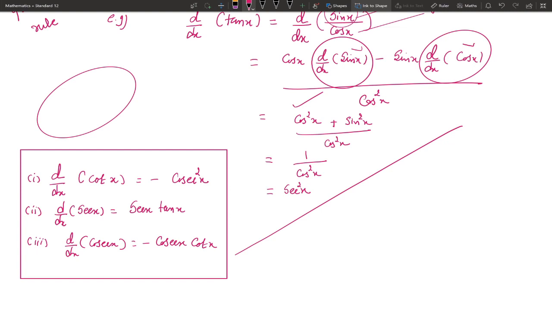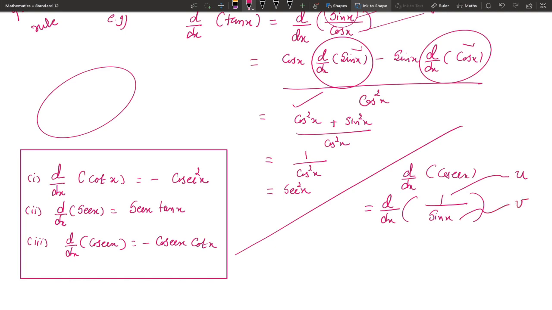Easily you can obtain d by dx of cosec x. This is d by dx of 1 upon sin x. Consider the numerator as u, the denominator as v, and use the quotient rule: v into derivative of u minus u into derivative of v, upon v square.